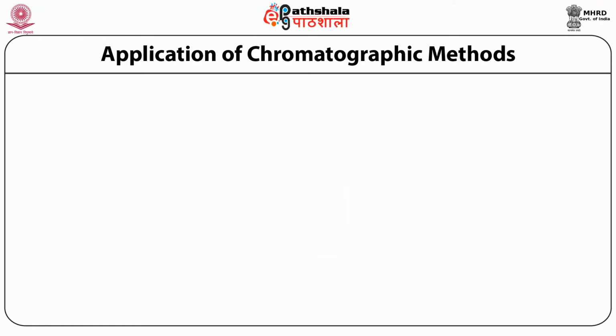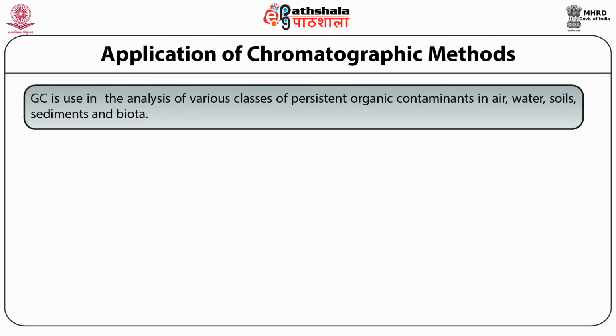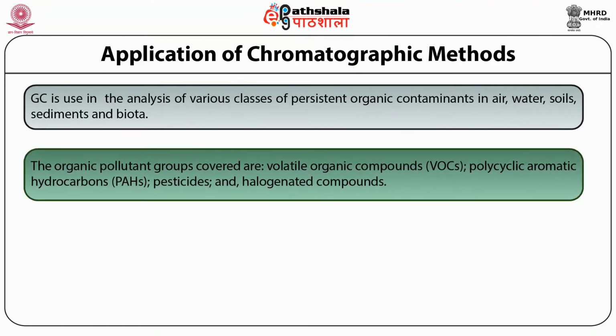Now we discuss the applications of chromatographic methods. GC is used in the analysis of various classes of persistent organic contaminants in air, water, soil, sediments, and biota. The organic pollutant groups covered are volatile organic compounds, polycyclic aromatic hydrocarbons, pesticides, and halogenated compounds.